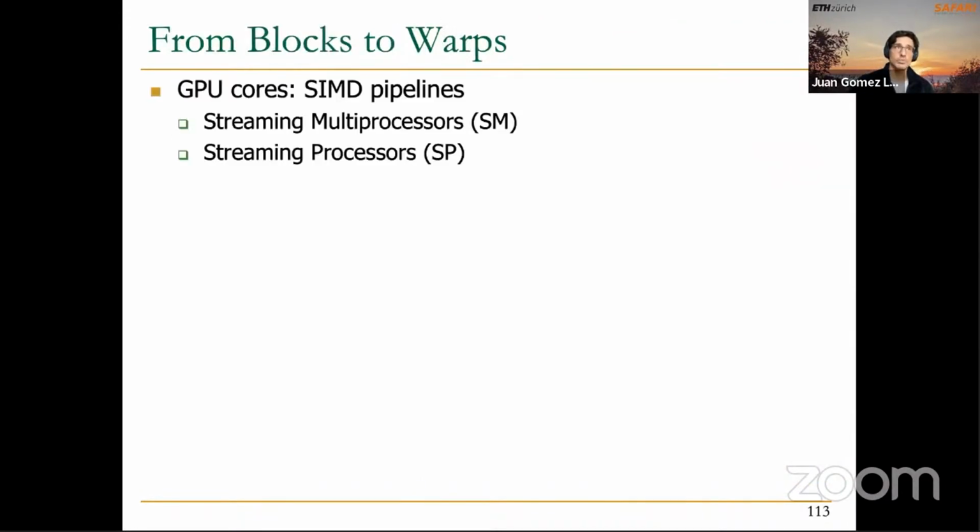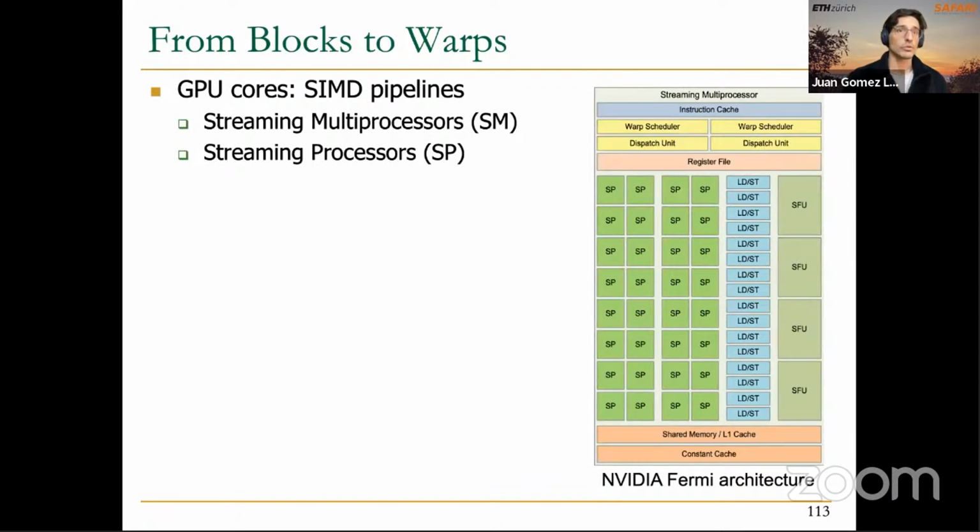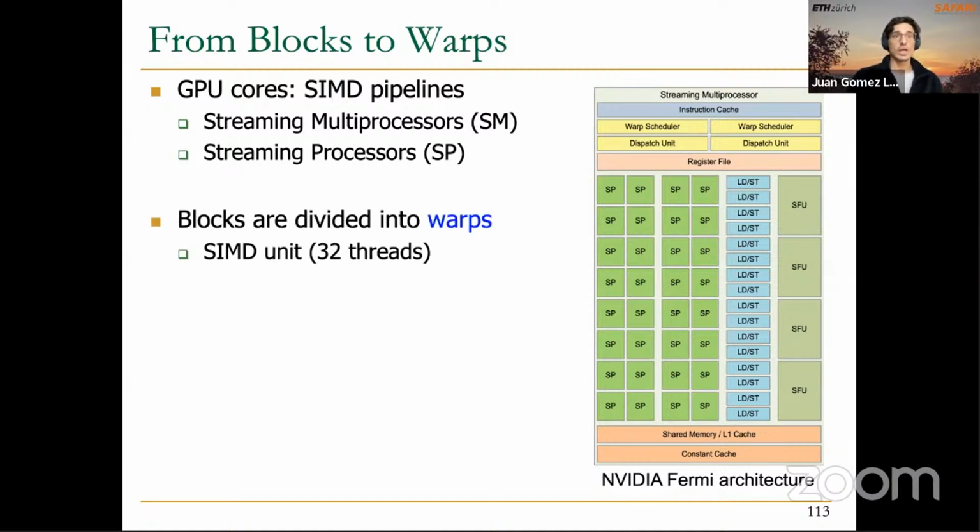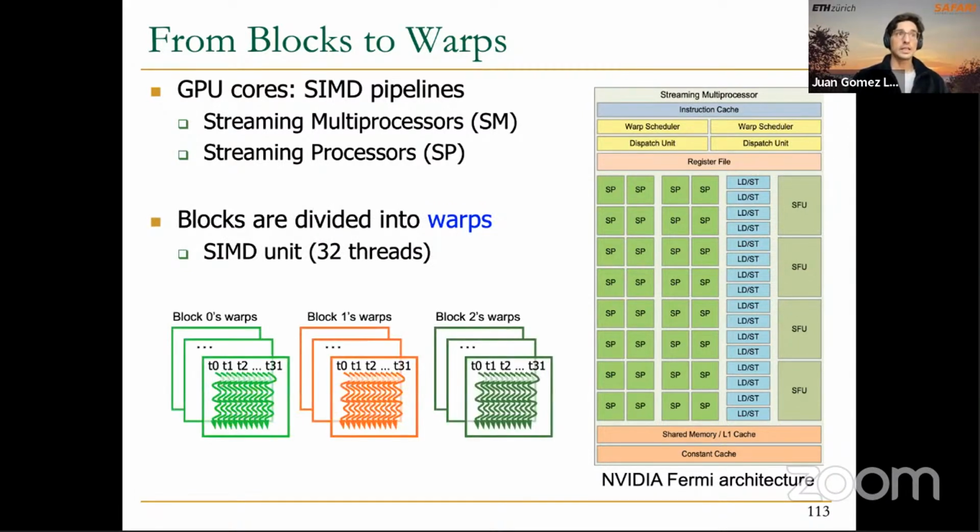And now, remember that I talked about the blocks, and what's a block? In the end, a block is just a software invention. It's a programmer that says, I want to group my threads into groups of, let's say, 128 threads or 1024 threads. But now when I start the execution of my kernel onto the hardware, it needs to decompose these blocks into smaller things that are understandable by the hardware.